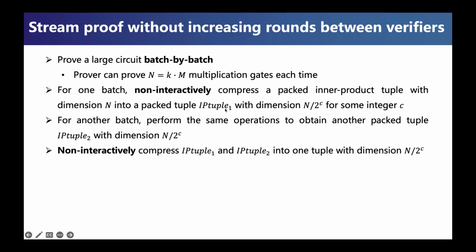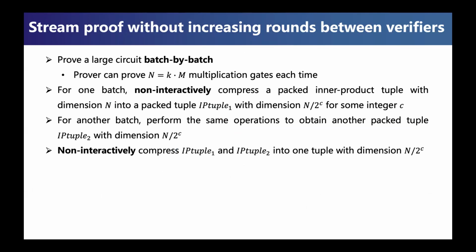We can prove a large circuit batch by batch. The prover can prove n equals k multiplied by m multiplication gates each time. For one batch, the parties non-interactively compress a packed inner product tuple with dimension n into a packed IP tuple 1 with dimension n divided by 2^c for some integer c.